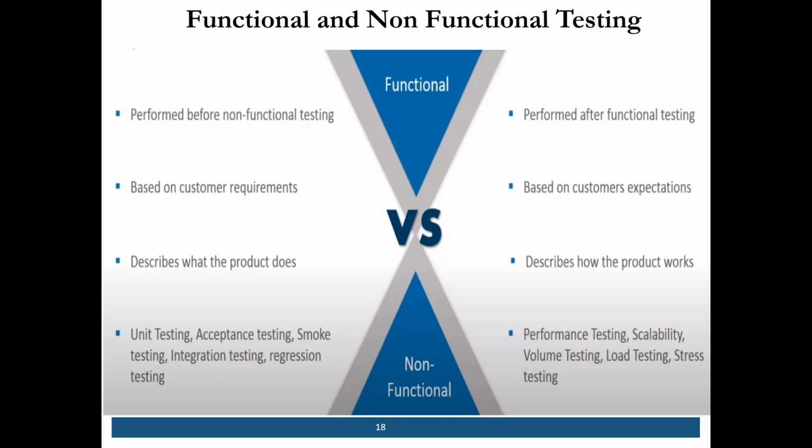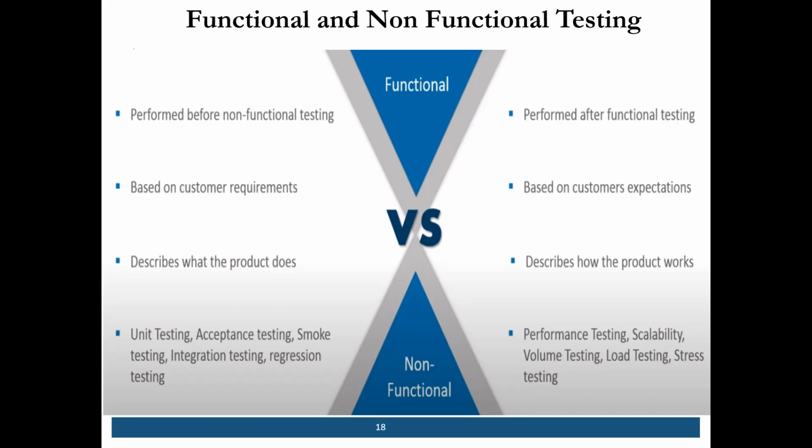Regression testing is when, while doing the system testing, suppose we are done with the system testing and we have given the defects to the developers, like some defects you have found out and then you have given it to the developers to fix.